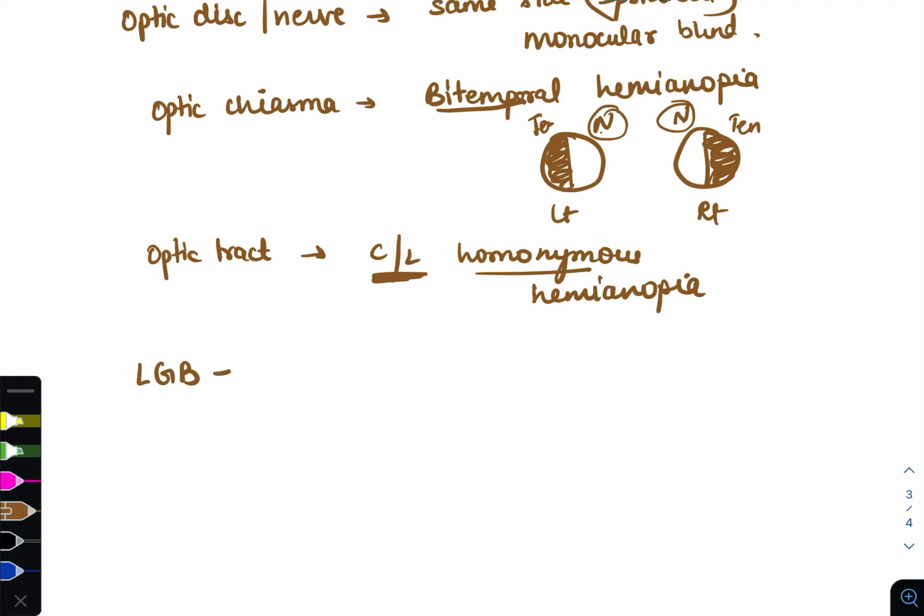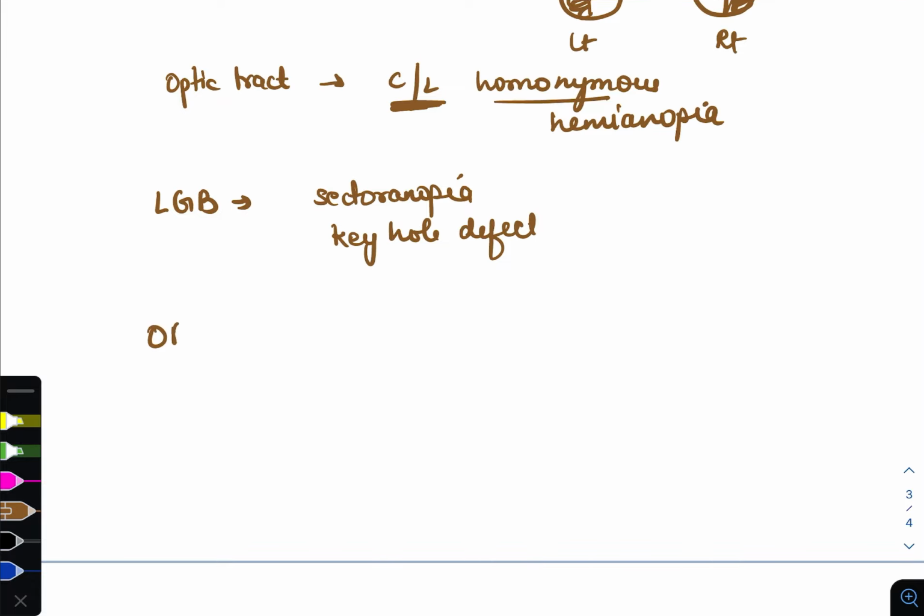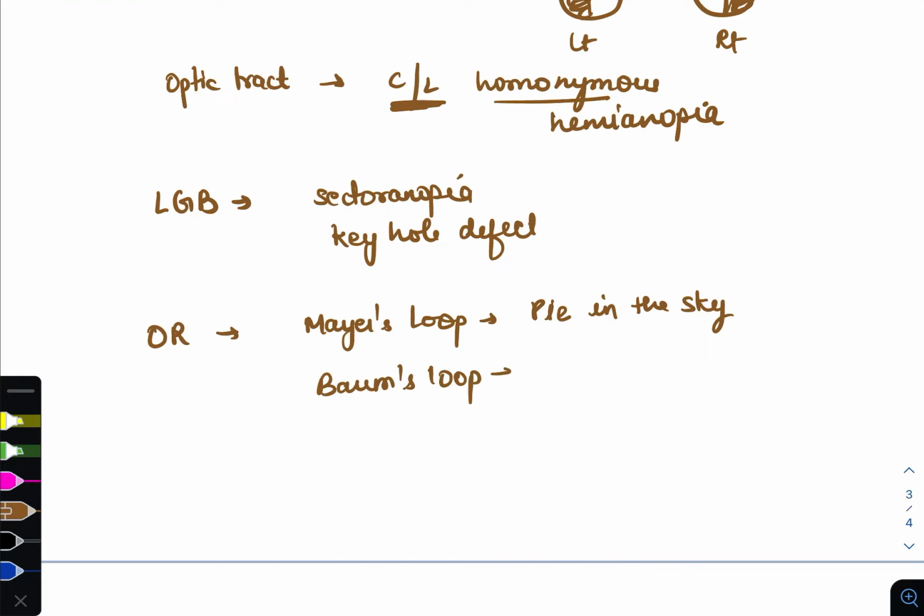When there is a lateral geniculate body defect, then we will see sectoranopia and keyhole defect. If there is optic radiation involvement, then we see either Mayer's loop or Baum's loop. If it is Mayer's loop, then pie in the sky will be there, and in Baum's loop we will see pie on the floor.